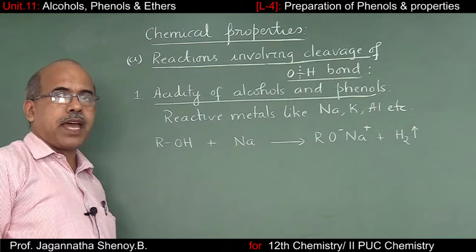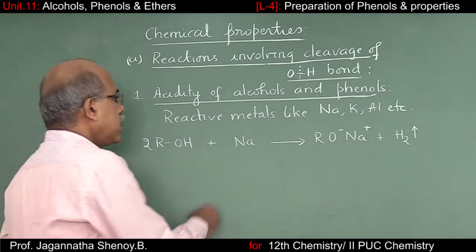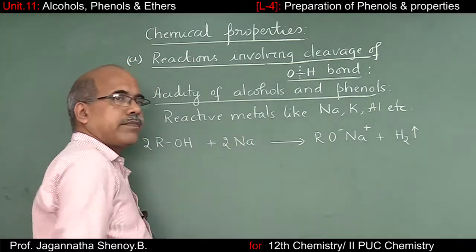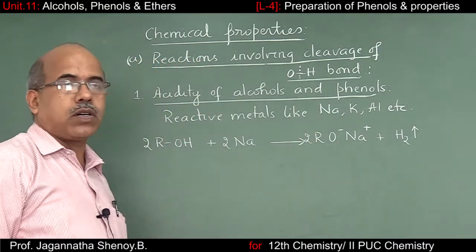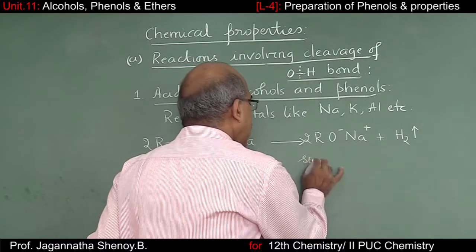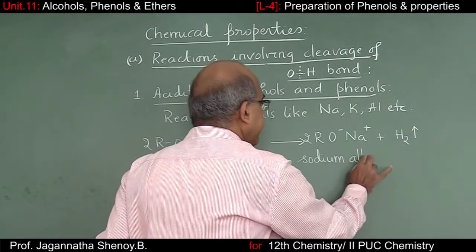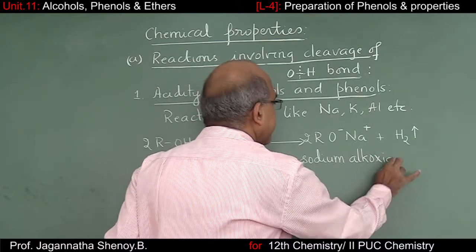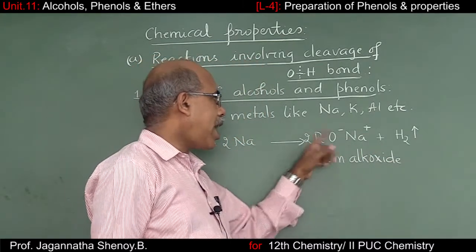In other words, if I balance the equation, 2 molecules of ROH, 2 moles of sodium, 2 moles of the salt of the alcohol, and in this case, the salt of the alcohol is called sodium alkoxide, a sodium alkyl oxide.